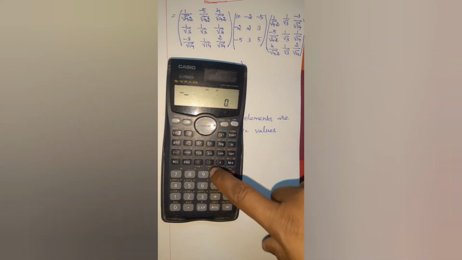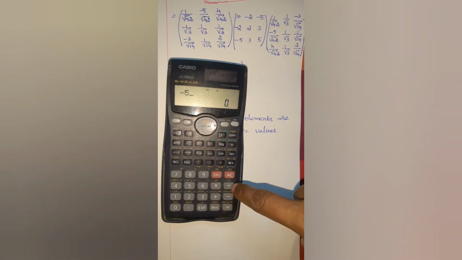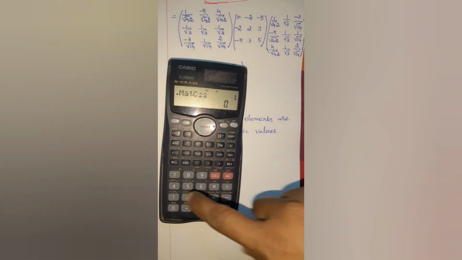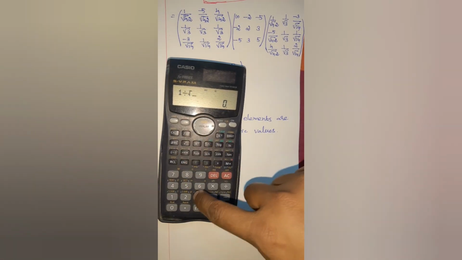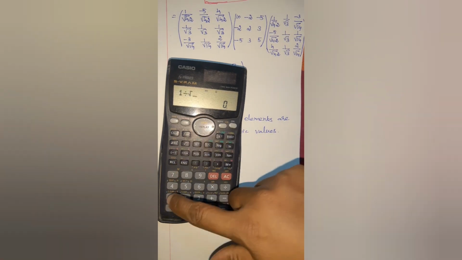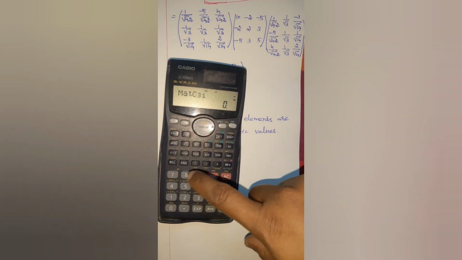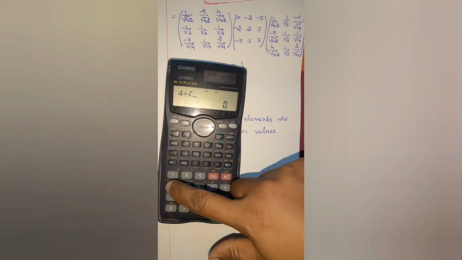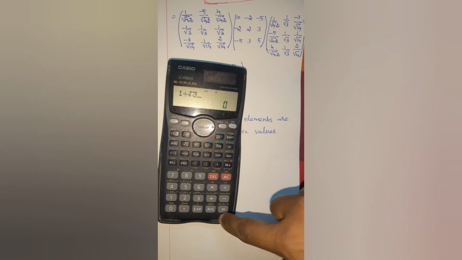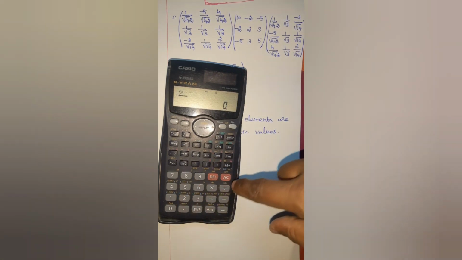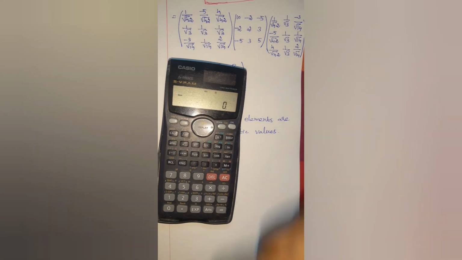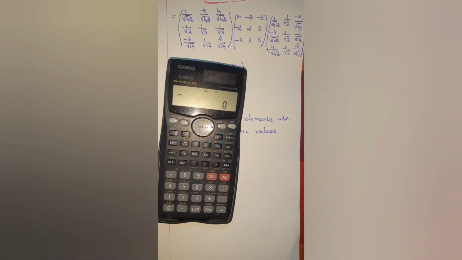Then minus 5 divided by root 42, 1 divided by root 3, 1 divided by root 14. Then 4 divided by root 42, 1 divided by root 3, 2 divided by root 14. Now press AC. Now your entries are over.